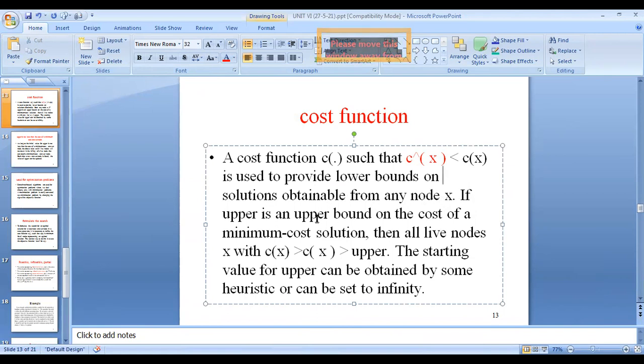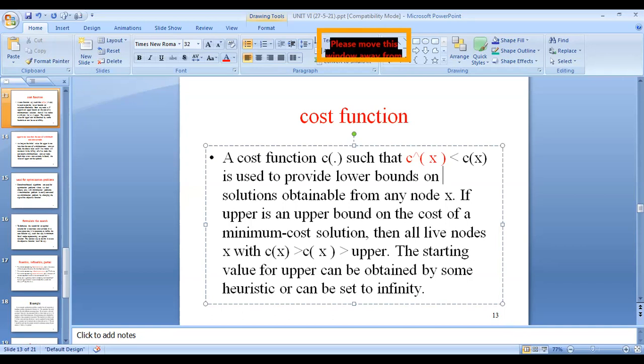If upper is an upper bound on the cost of a minimum cost solution, then all live nodes x with C cap of x greater than the upper value are killed. The starting value for upper can be obtained by some heuristic or can be set to infinity.